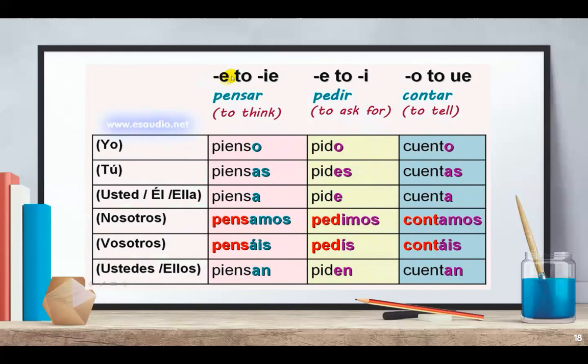So take a look at this. You can see on the one hand, the endings are changing according to the subject pronoun, just like you would expect for an AR, IR, or ER verb. But then there's this additional change in the stem, except for nosotros and vosotros. Sometimes you'll hear this described as a boot verb. You can look in your course material to see why that is.